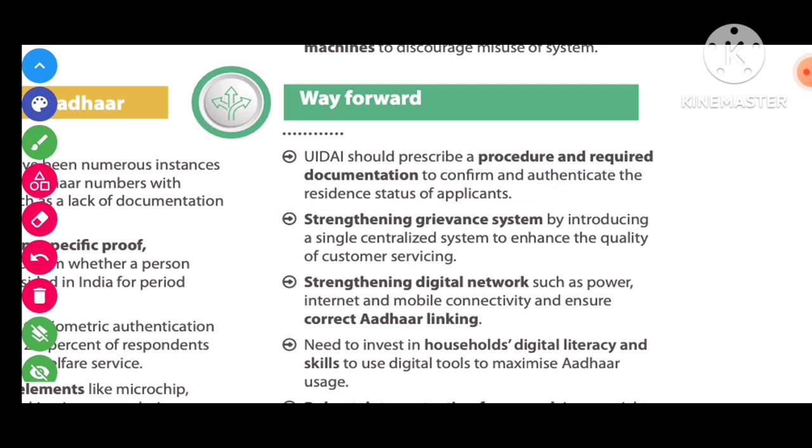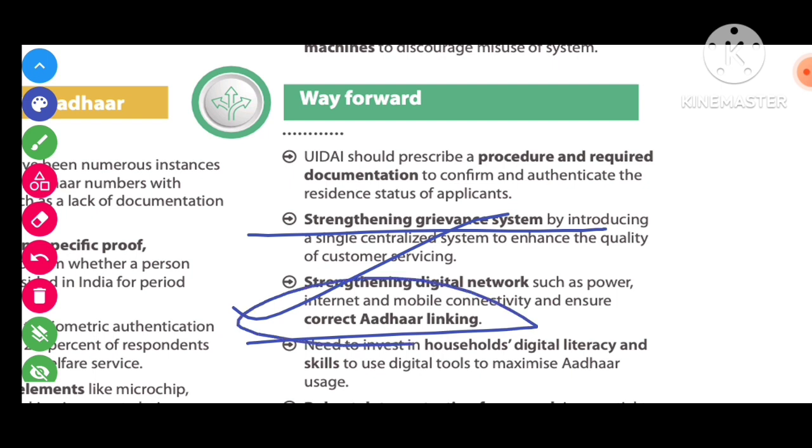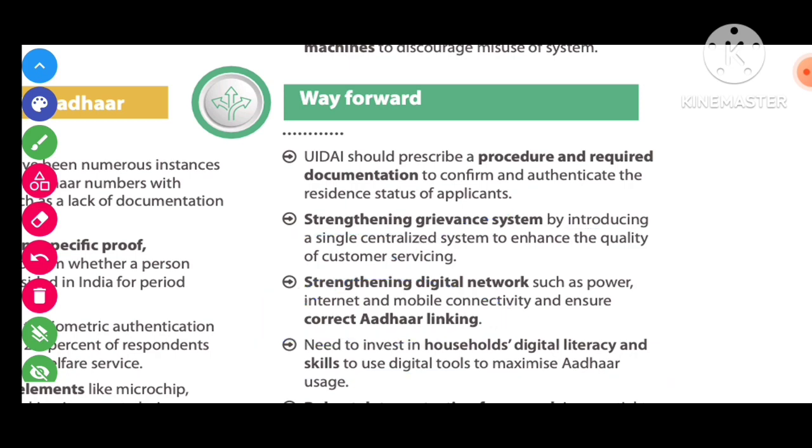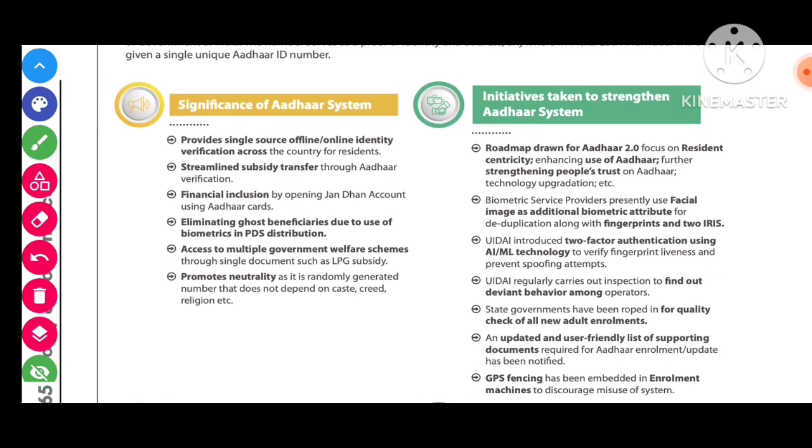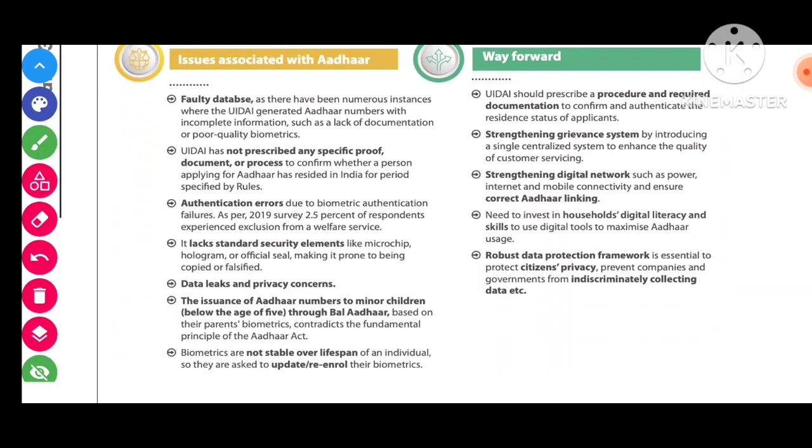Okay, strengthening grievance system and strengthening digital network, the correct Aadhaar linking, a need to invest in households' digital literacy and skills to use digital tools to maximize Aadhaar usage. So you can remember easily Aadhaar ID as well as its benefits and issues and challenges therein.